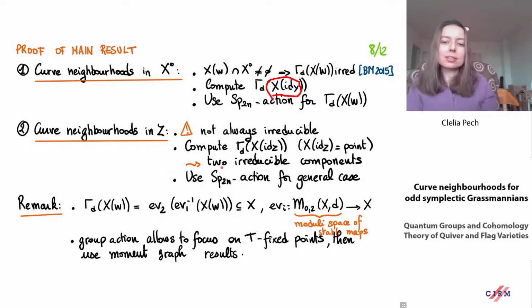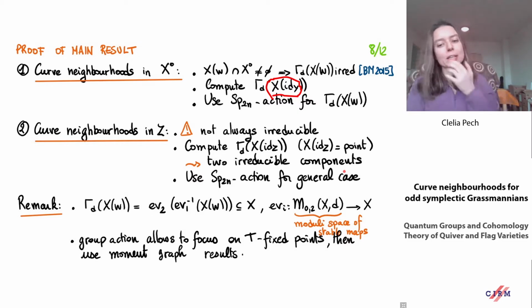The way we sort that out, we look at the Schubert point, this identity of Z, and we compute the curve neighborhood of this. And we find that there are 2 irreducible components, or sometimes it happens to just be 1.